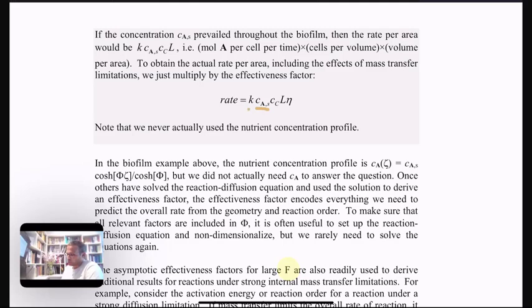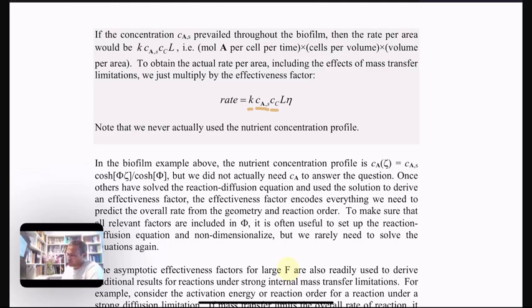Then we would multiply k by that surface concentration to get the rate of consumption at each cell. We would multiply by the concentration of cells to get the consumption per volume per time in the biofilm. Then we would multiply by the depth of the biofilm times the area of the biofilm to get the total moles consumed per time. We would then divide by the area again.